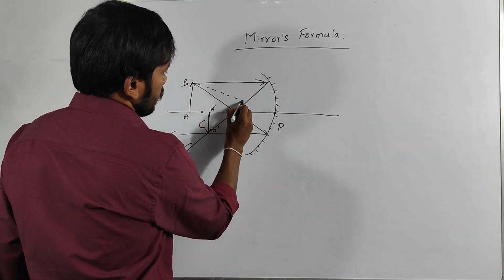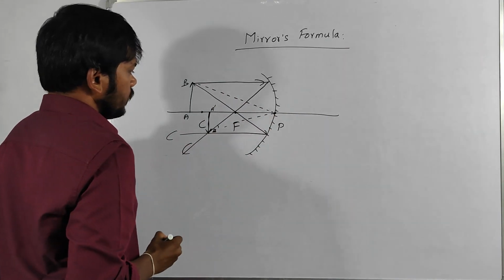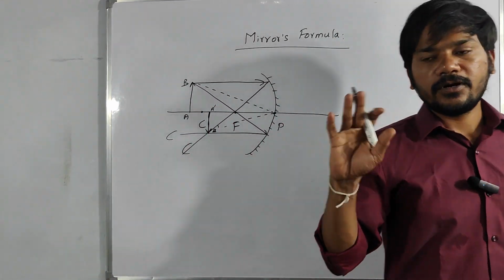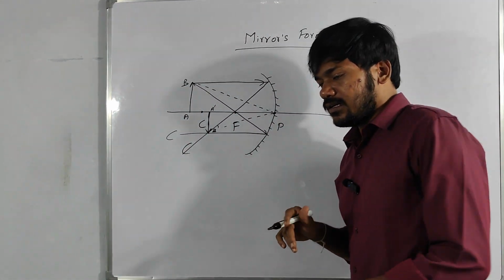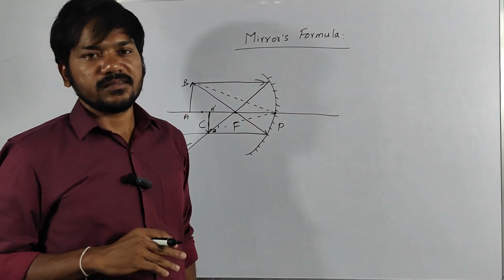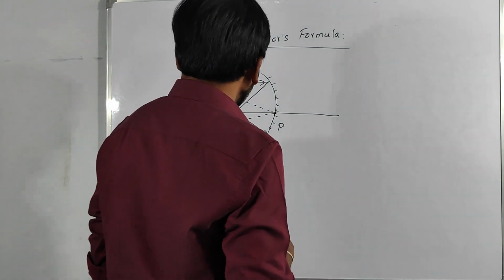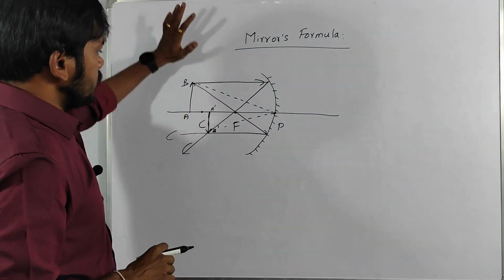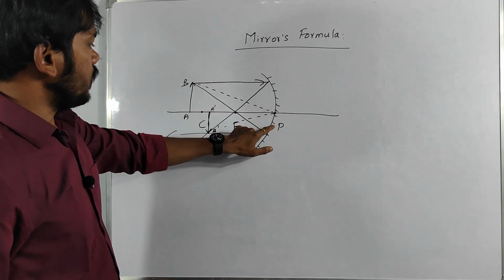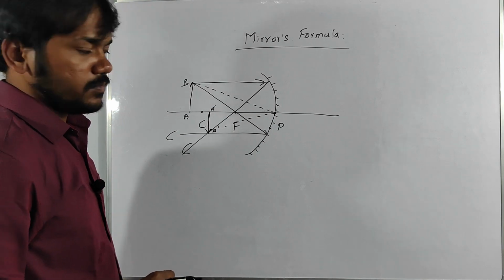Now I'll draw some rays onto P because all this derivation will depend on similarity of triangles, and we know all right angle triangles are always similar. In such a way, if you consider the triangle ABP and the triangle A dash B dash P, they are similar.